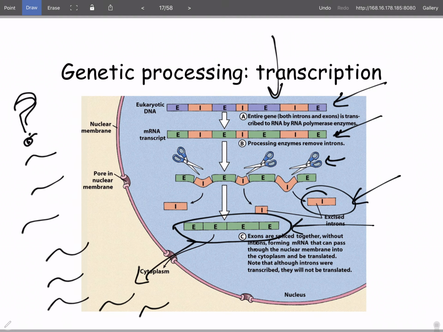Now, if we wanted to clone a eukaryotic gene into a prokaryote, which you guys know we've done it with a lot of human growth hormones, insulin, blood clotting factors, and things like that you can get medically.